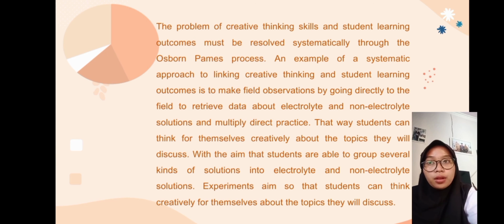An example of a systematic approach to improving creative thinking and student learning outcomes is to make field observations, going directly to the field to retrieve data about electrolyte and non-electrolyte solution, and doing direct practice.